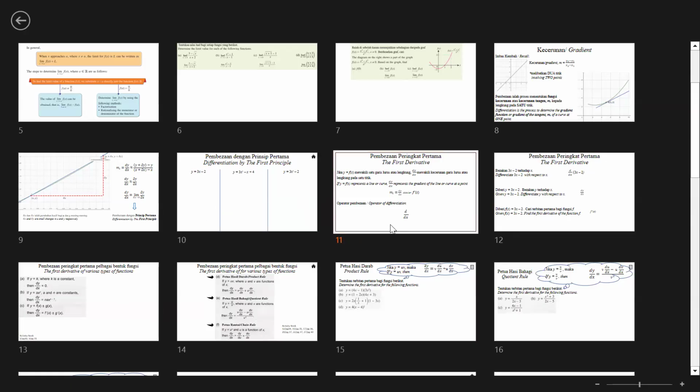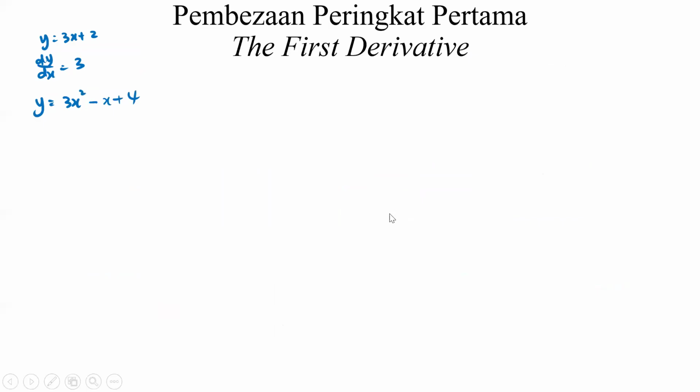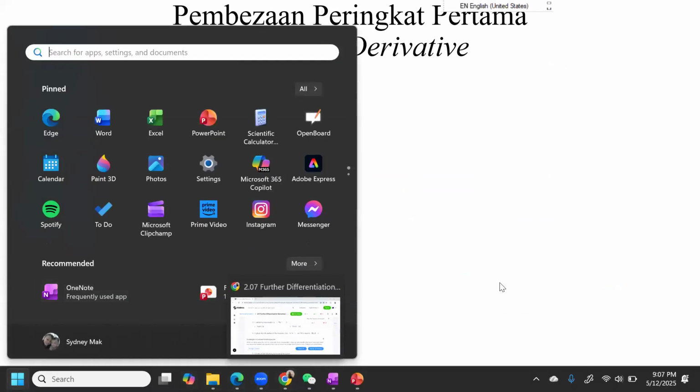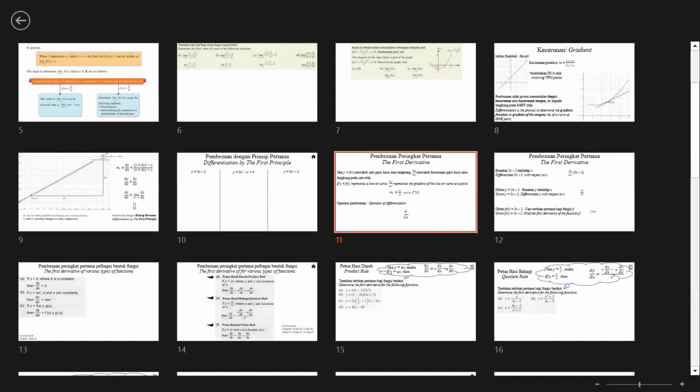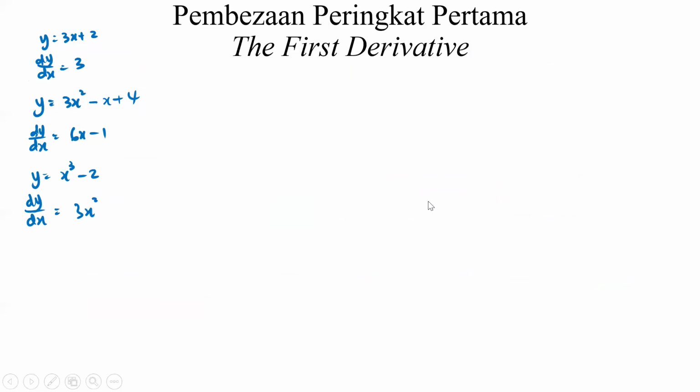And then y equals x cubed minus 2. Then for the second one we found dy/dx to be 6x minus 1, right? And when y equals x cubed minus 2, we found dy/dx to be 3x squared.